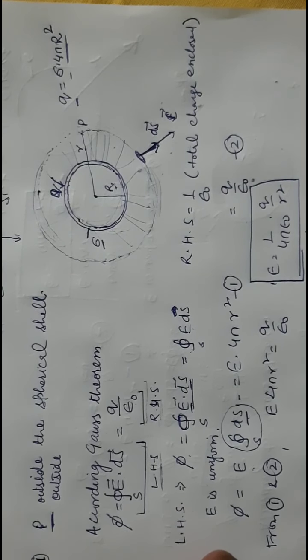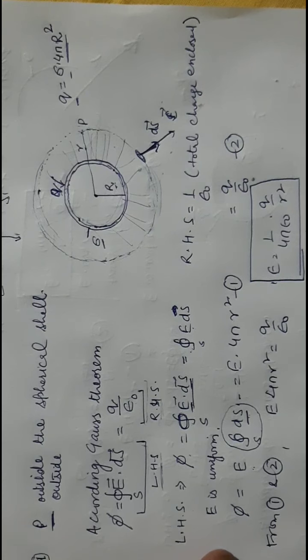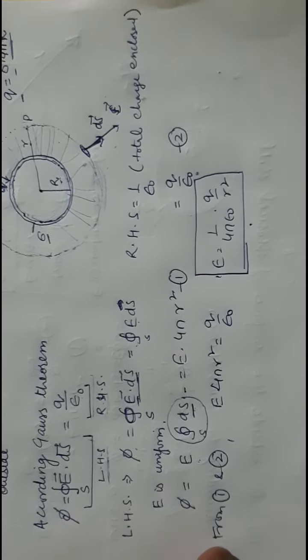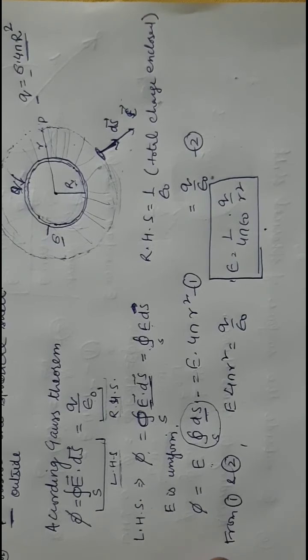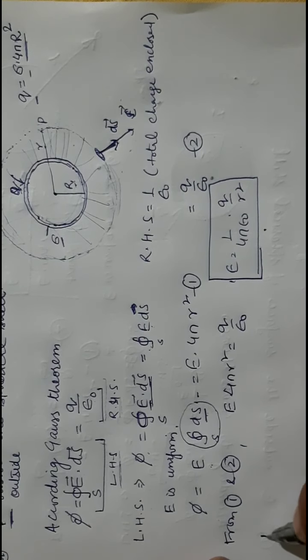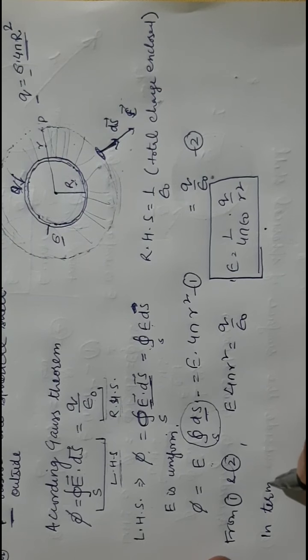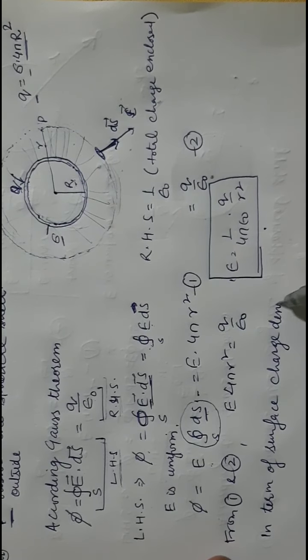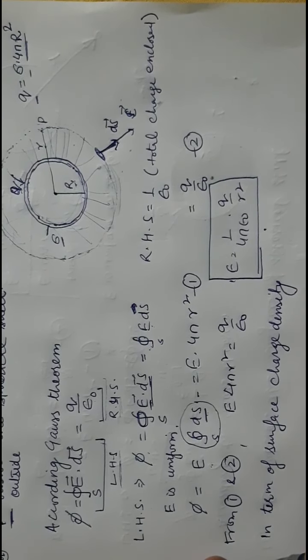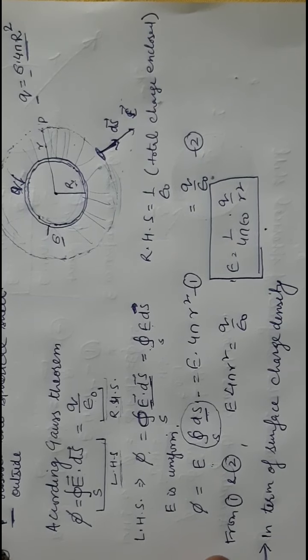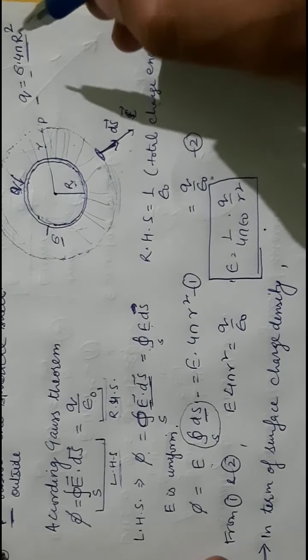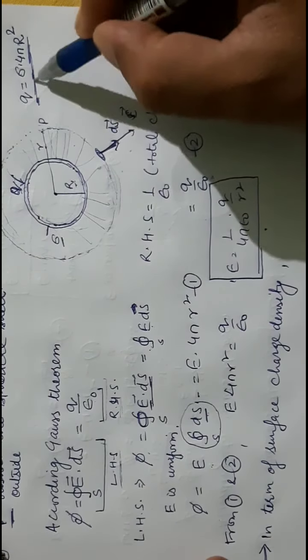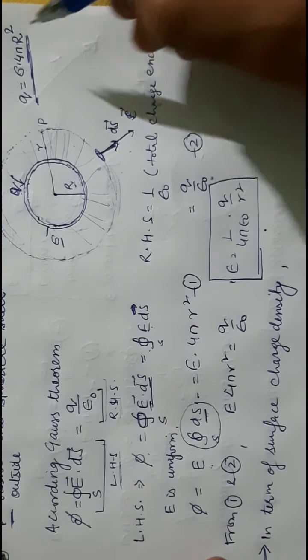So this is your electric field due to a spherical shell. If you want to write it in terms of surface charge density, the total charge is given by sigma into 4 pi r square.